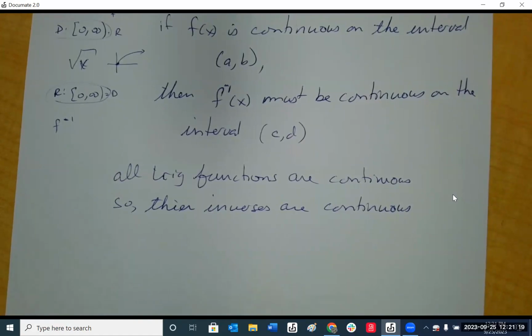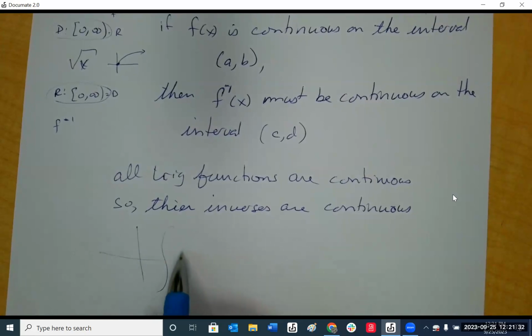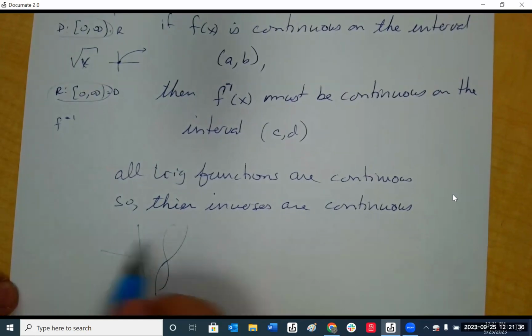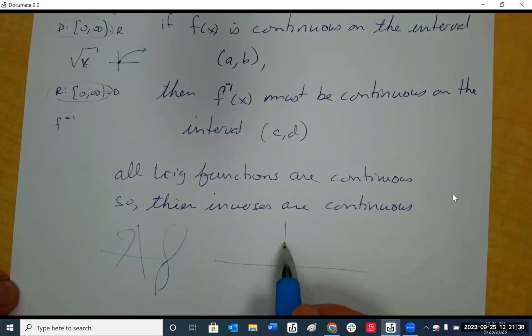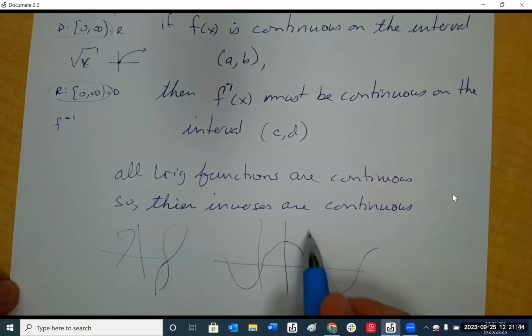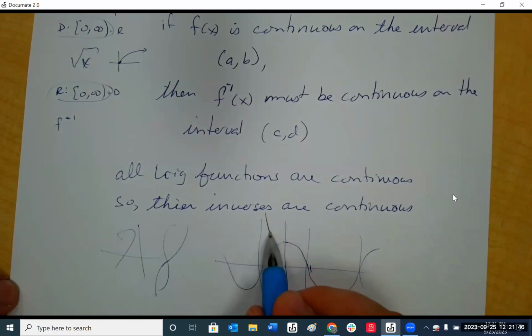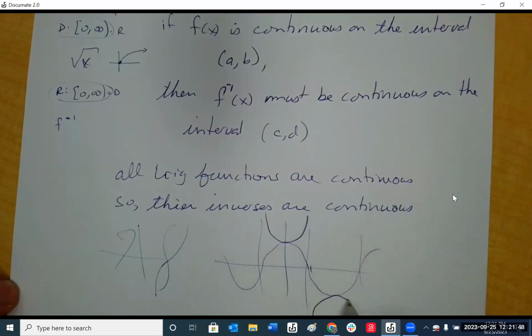But think of the inverse of cosine. What is it? 1 over cosine is secant. And what does that graph look like? If cosine is 0 there, it looks like this. These are my asymptotes. So the secant function looks like this.